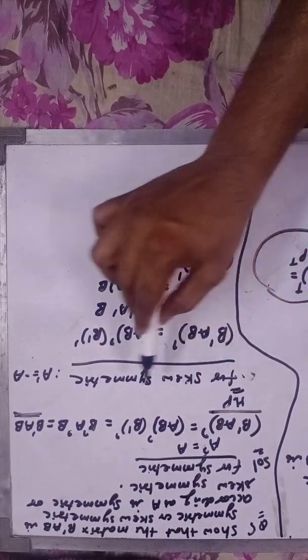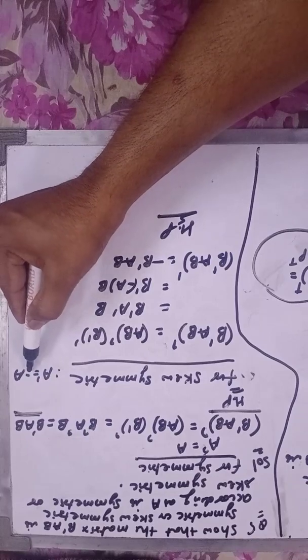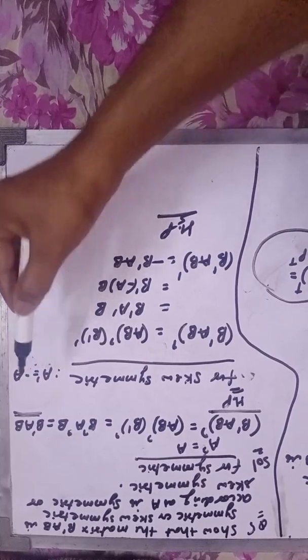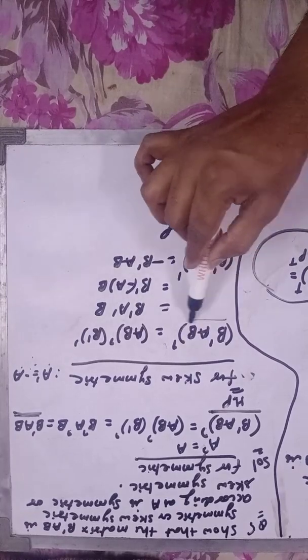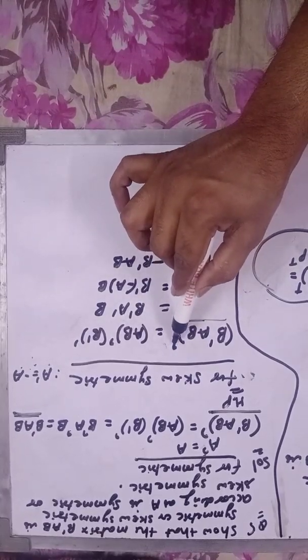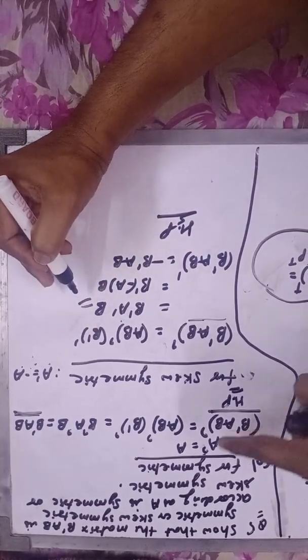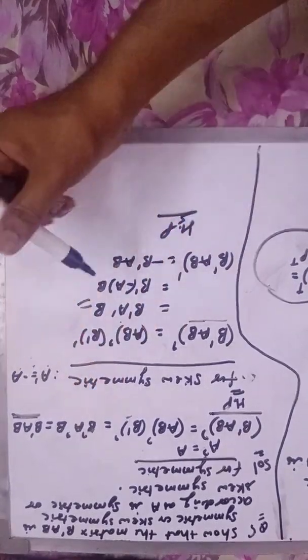For skew symmetric, A transpose is equal to minus A. This is the condition given to us, and we take the same statement and follow the same two steps as before.